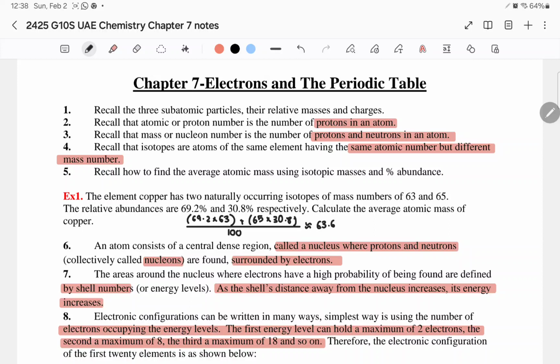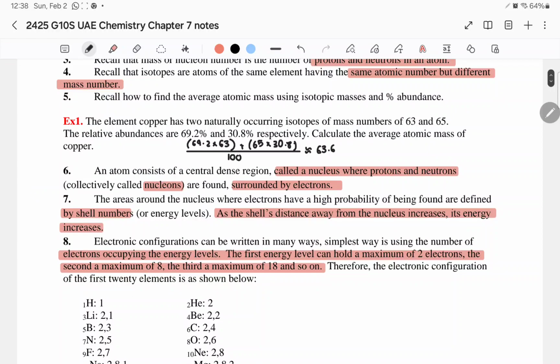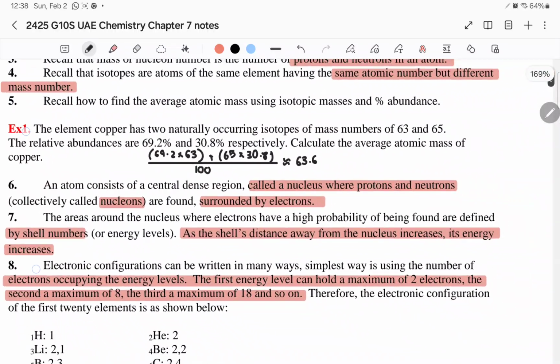Isotopes of an atom have the exact same atomic number and electron number, yet a different neutron number. And you need to recall how to find the average atomic mass using isotope masses and percentage abundance. If you don't, this question is going to remind you.